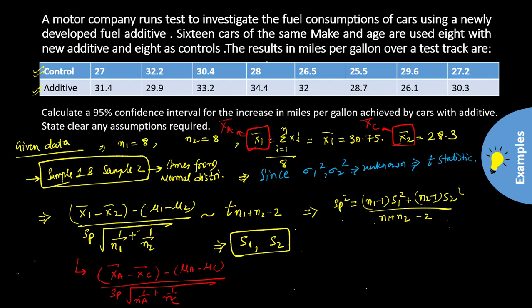Now we have to calculate the value of this equation, and I am replacing s1 and s2 also. S1 is equal to SA, the standard deviation of additive, and S2 is equal to SC, the standard deviation of control. Let us calculate the standard deviation of the additive sample.